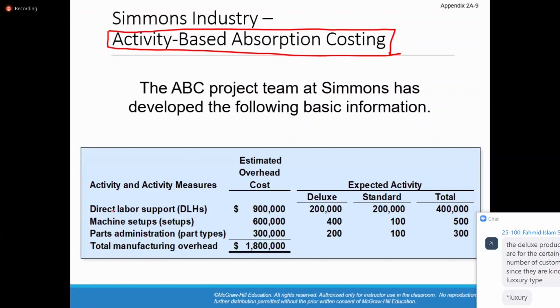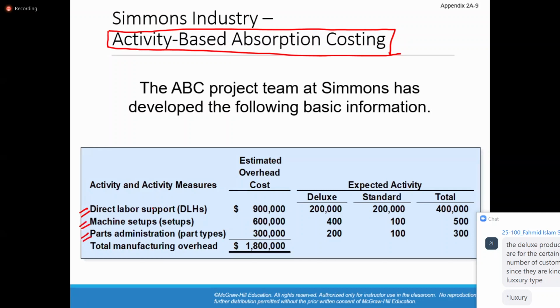They have listed what activities they need to perform to consume the overhead resources. Remember the concept of activity-based absorption costing.